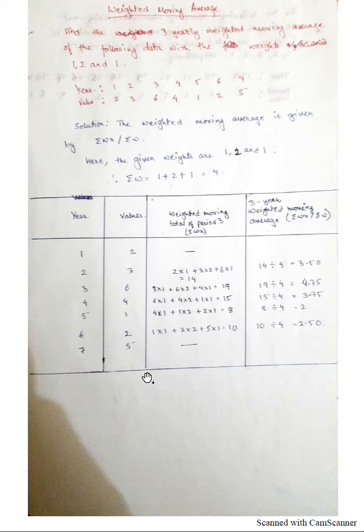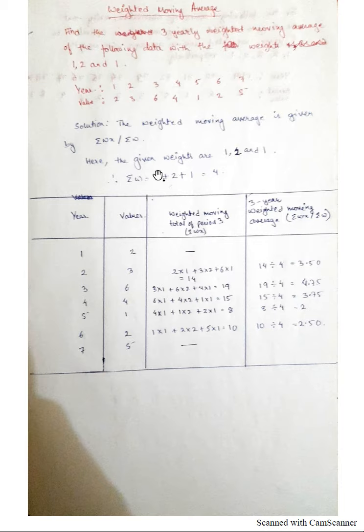Now we will find summation wx, the weighted moving total of period 3, or 3-year weighted moving total. We denote it as wx. We multiply the first number by the first weight, plus we multiply the second number by the second weight, plus we multiply the third number by the third weight.